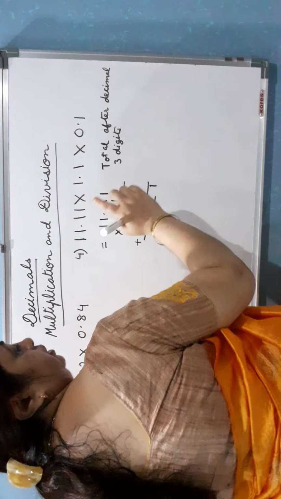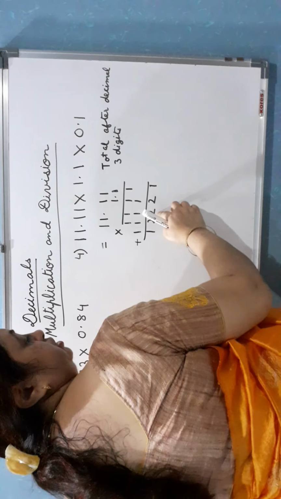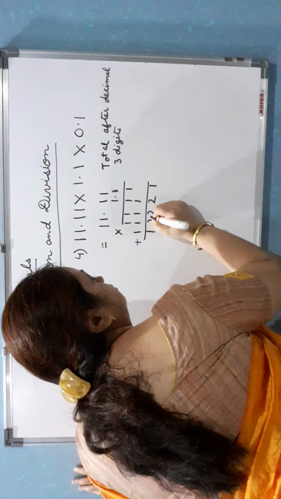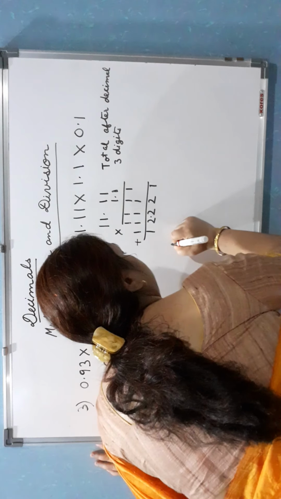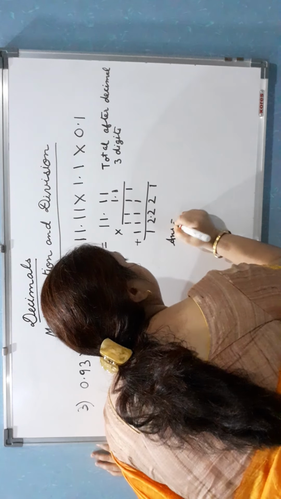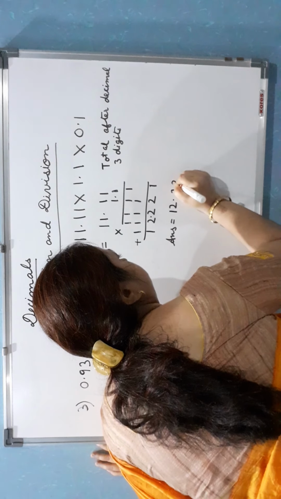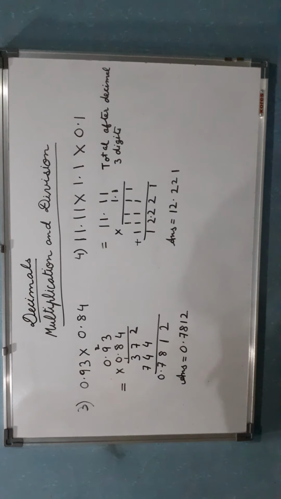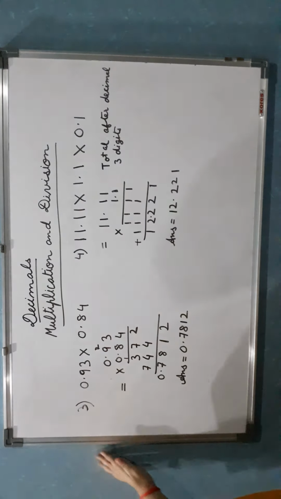Here 2, here 1. So before 3 digits, 1 2 3, your point will be here. So answer equal to 12.221. Okay, so before 3 digits.